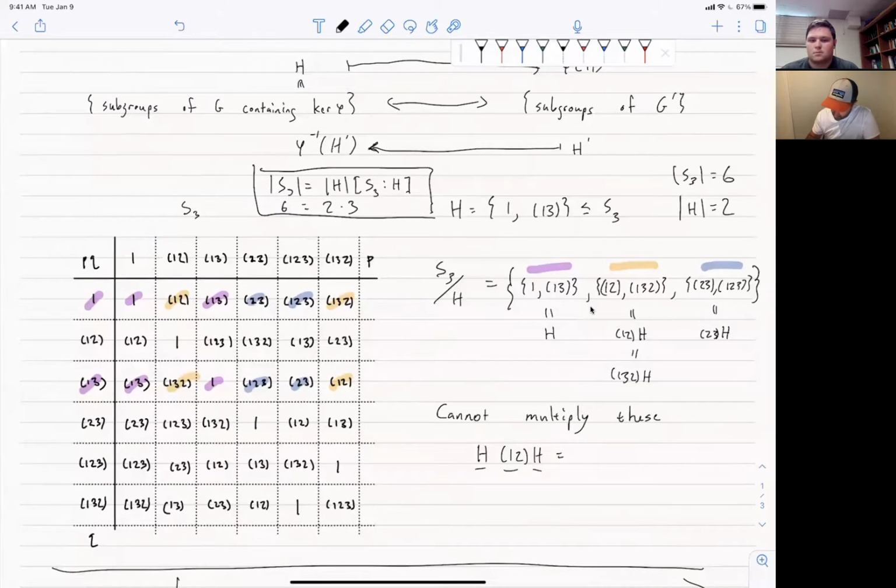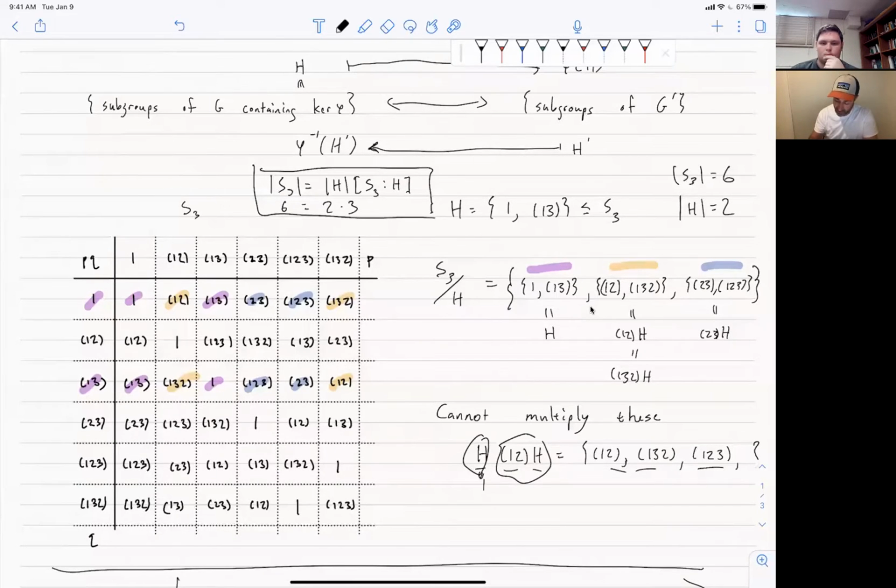You'll get (1 2) and (1 3 2), because you can multiply using the identity. And if you didn't use the identity, you would get (1 3) times (1 2), so that's (1 2 3). And I don't know what else you get, something else. But the point is that this has too many elements already to be a left coset. So I can't actually multiply these and stay within this.